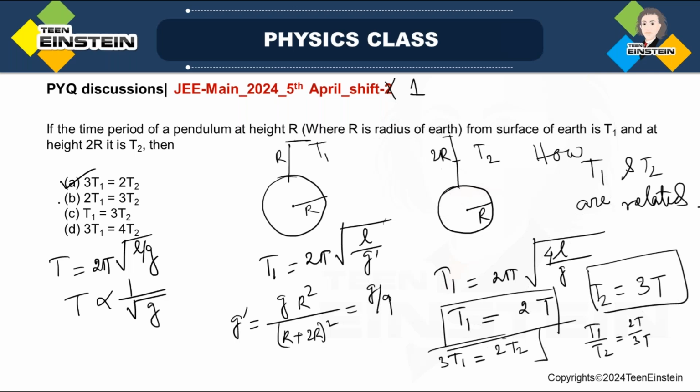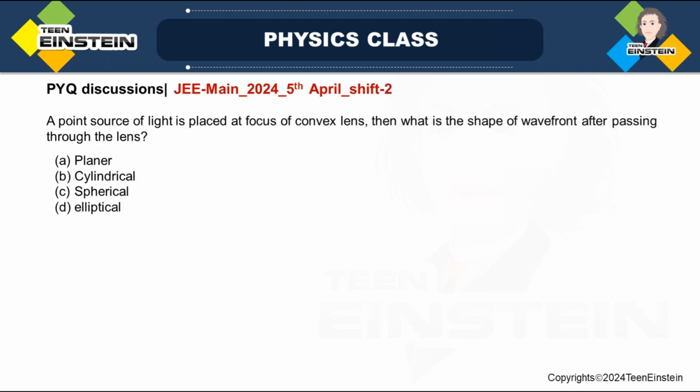Okay. Now let us go to the next problem. So this is not a problem as such, this is just an information. A point source of light is placed at a focus of a convex lens. So I have a convex lens, this is the principal axis.